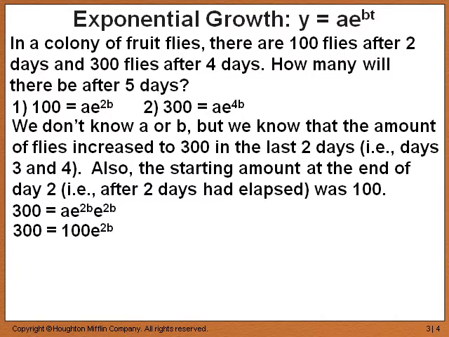So we know that ae to the 2b equals 100, and therefore we can substitute it into our equation. So we have 300 equals 100e to the 2b. Now it looks like we can get b by itself. So pause the video, calculate b, and then resume when you have it calculated.